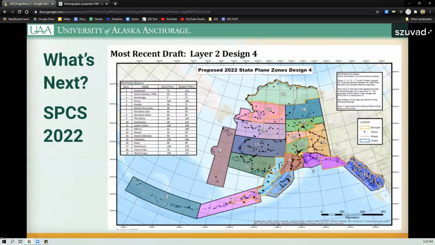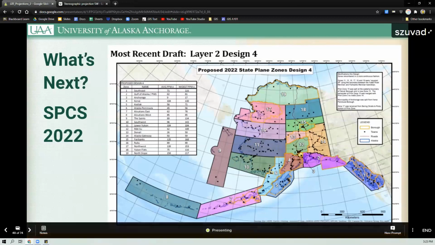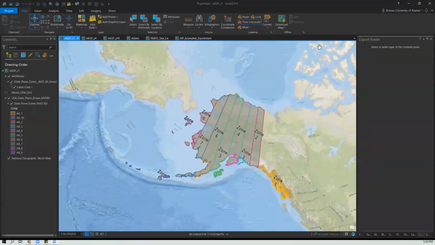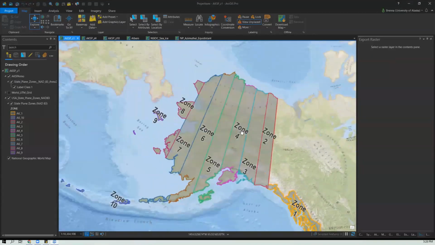I did want to show you guys just really quickly, to put this into context in our ArcGIS Pro environment, which hopefully is becoming really familiar looking to you guys. So just a couple of examples that I threw in while making the slide for the state plane zones.